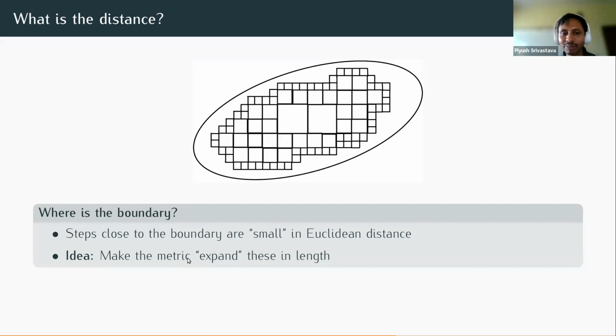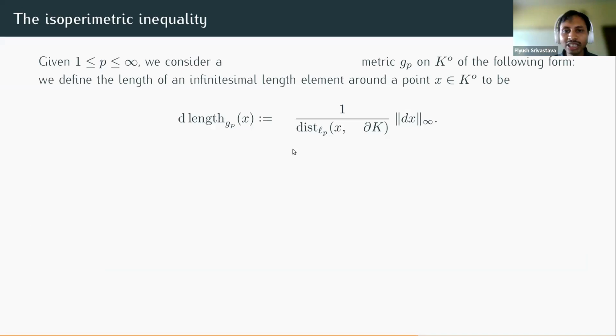So to do that, we want a metric that will expand those distances close to the boundary in length. And one can do that, for example, with this kind of a metric. What I would want is that any length element at x should be like the L infinity length element, but scaled by 1 over the distance of the point to the boundary. Because of course you're doing the cube, L infinity is a natural notion.